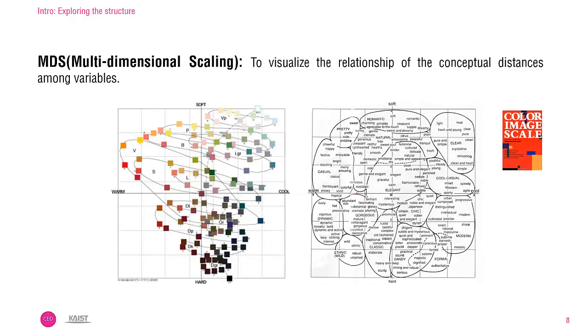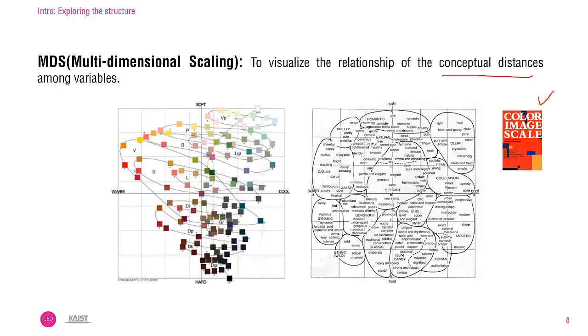Then it is about the MDS, multidimensional scaling. MDS visualizes the independent variables or dependent variables, or overlaps both. Based on the visualized results, you can understand the relationship of the conceptual distances. For a practical reason, you prefer two-dimensional presentation. In 1980, a physicist, Kobayashi, proposed a color image scale.